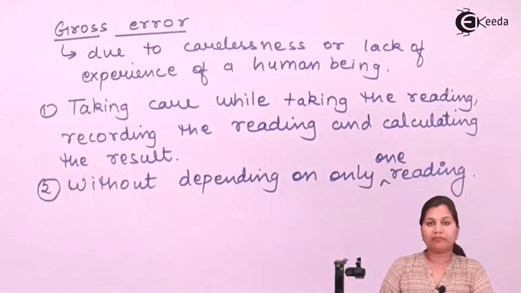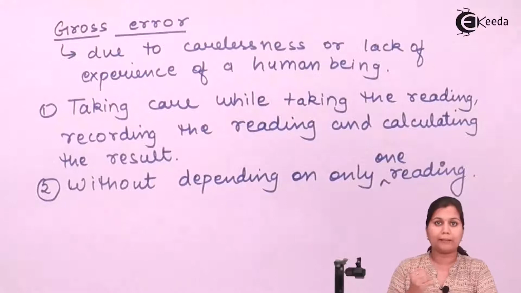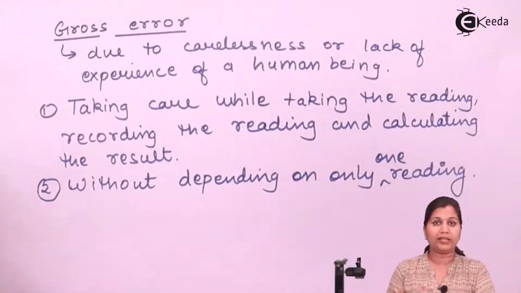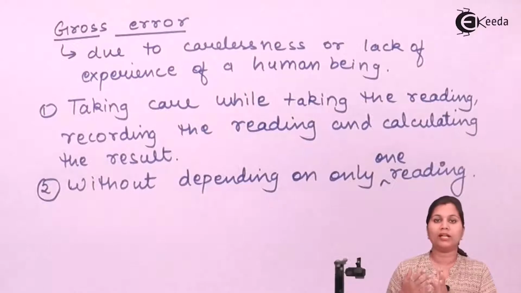Second, when we are doing the measurement, we should not depend on only one reading, because it may happen that when we take the reading the first time, a mistake occurs. At least two or three readings should be taken. If the two or three readings come out the same every time, then it means that we are doing the right measurement.